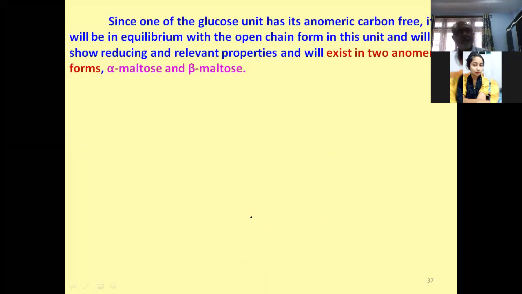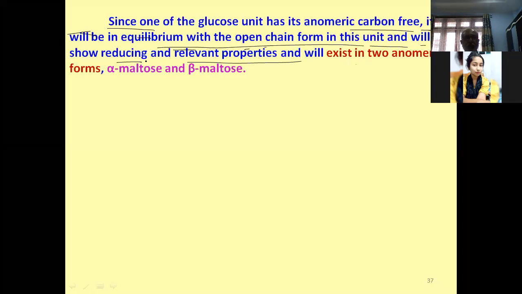Okay, next one. Now, since one of the glucose units has its anomeric carbon free, it will be in equilibrium with the open chain form in this unit and will show reducing properties and relevant properties.